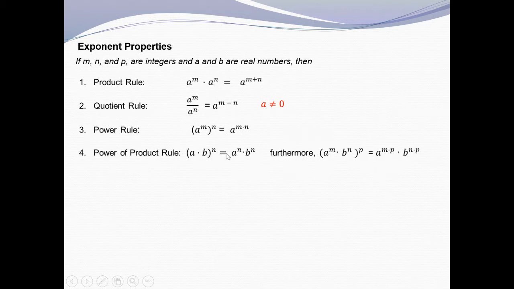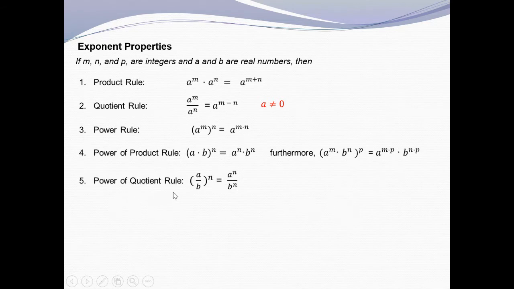That's why it's a^n times b^n. But here is when a and b have other integer powers. For example, if you have (a^m times b^n) raised to the p power, then it's going to be a^(m times p) and b^(n times p). In other words, you multiply the power p times m and the power p times n for both a and b.